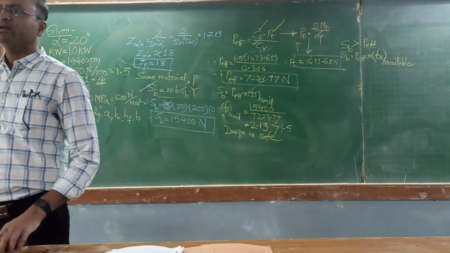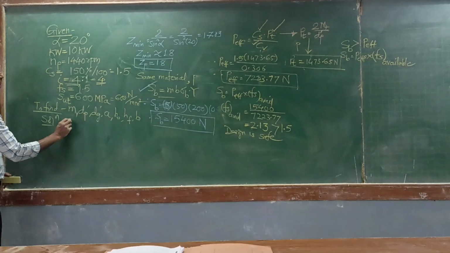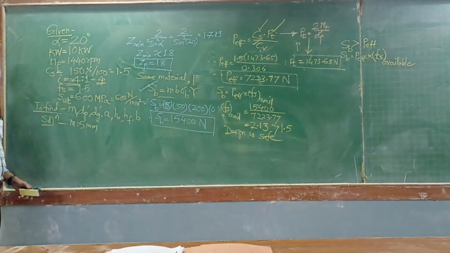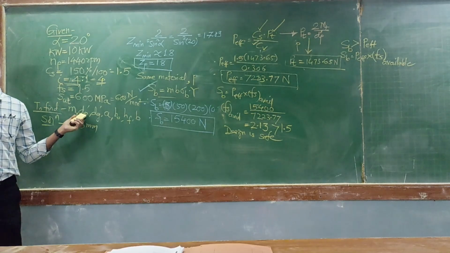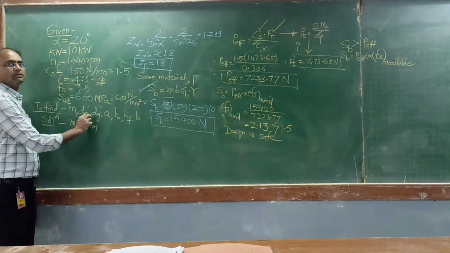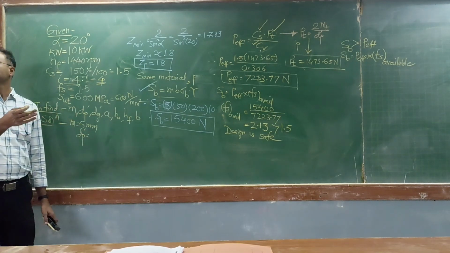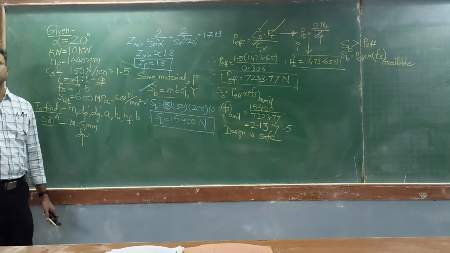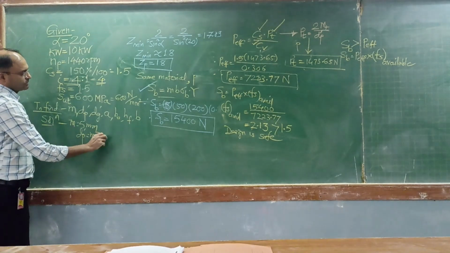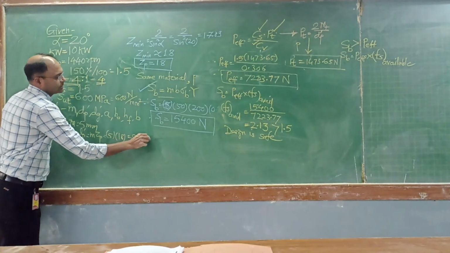Based on module, now we can find out all the dimensions. So module m is equal to 5 millimeter. Calculate dp dash, dg dash. dp dash is m into zp. Module is 5, zp is 18, so 90.